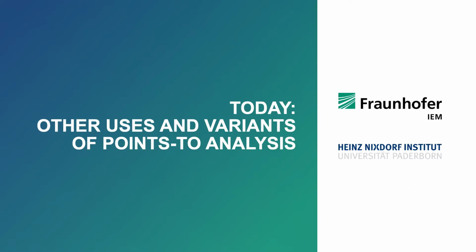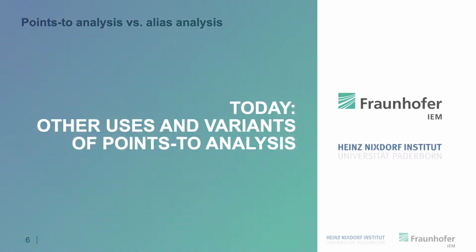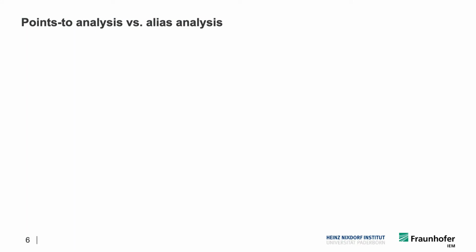Today I want to talk about other uses of pointer analysis and how different variants of points-to analysis can actually support these uses. And the first distinction that is sensible to make when one talks about pointer analysis in general is that there are different types of pointer analysis, and one is called points-to analysis and the other one alias analysis.